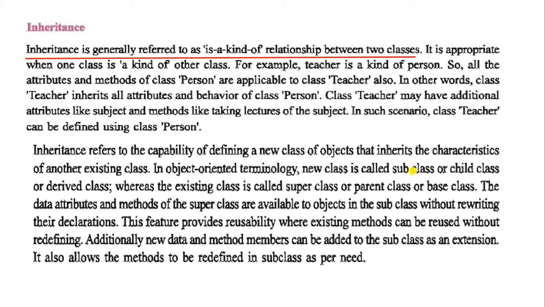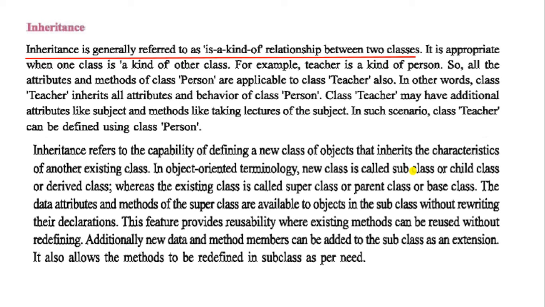So all the attributes and methods of the class person are applicable to the class teacher, because teacher is a kind of person. Whatever the attributes and methods of the class person, those are applicable to the teacher class also. In other words, class teacher inherits all the attributes and behavior of the class person.